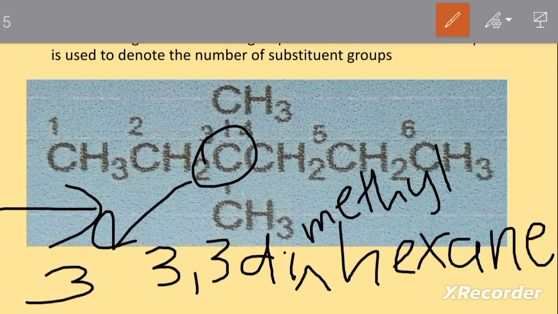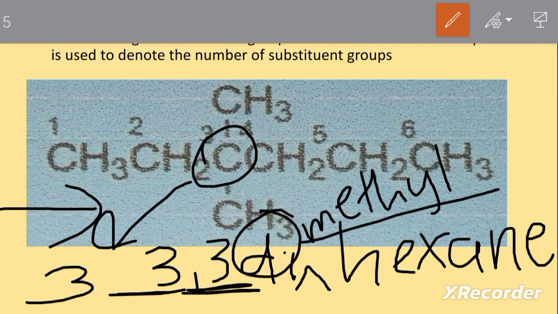That means to the third carbon atom, 2 methyl groups are attached. Dimethyl means 2 methyl groups are attached. If I just mention 3, it doesn't indicate that there are 2 methyl groups.